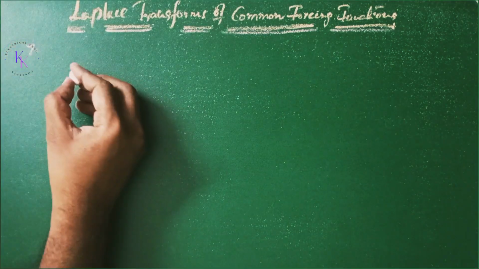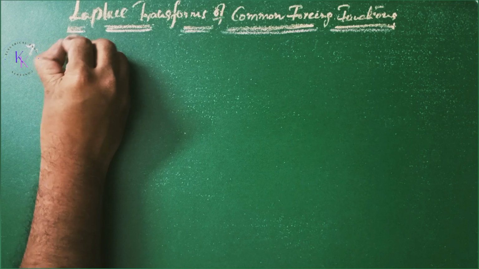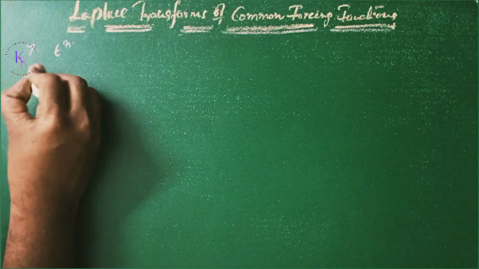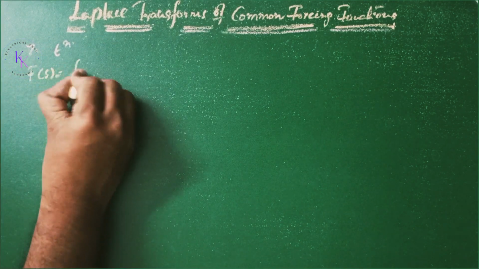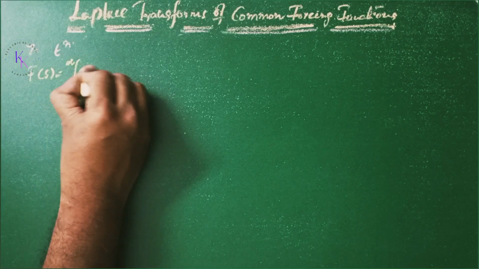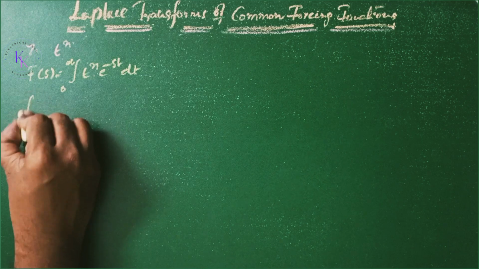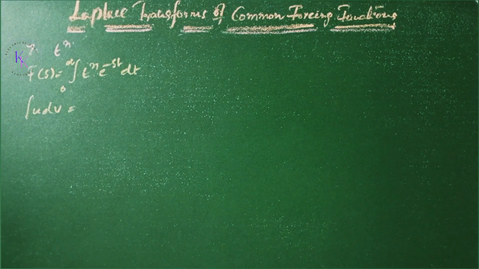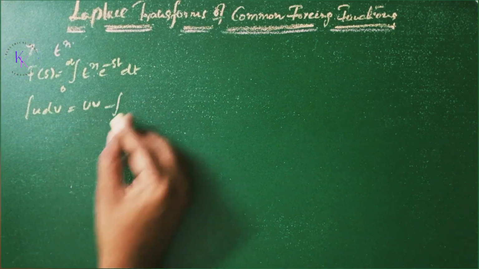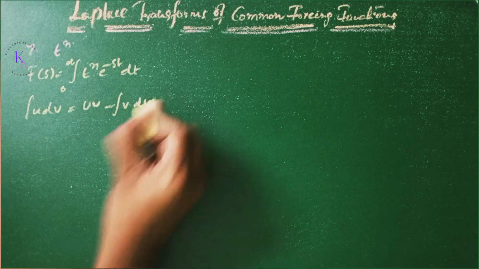Next, seventh, Laplace transform of t to the power of n. From the definition of the Laplace transform, F of s equals the integral from 0 to infinity of t power n e power minus st dt. This is again the integral of u dv, that equals uv minus the integral of v du.